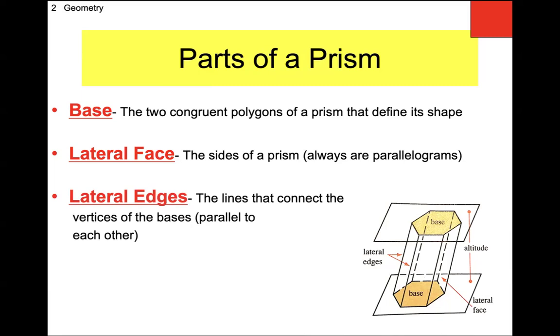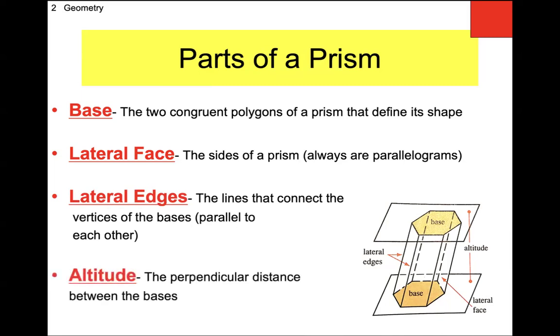Where the faces come together, they come together at an edge. It's marked there in red, and we call those lateral edges. And one thing to notice is that all those lateral edges are parallel to each other. Lastly, if we measure the distance between the two bases, technically it should be called a height. We also like to use the word altitude. So altitude and height are used interchangeably.